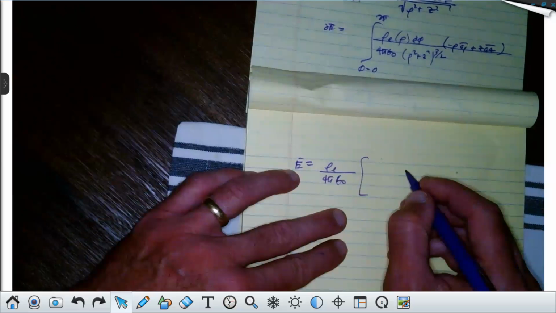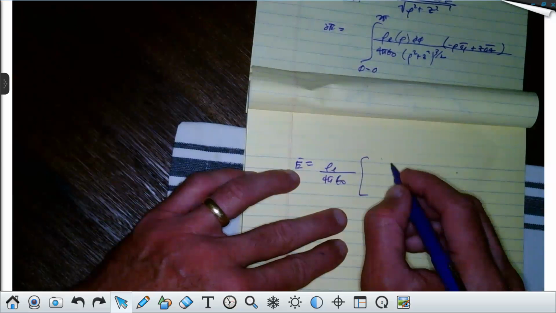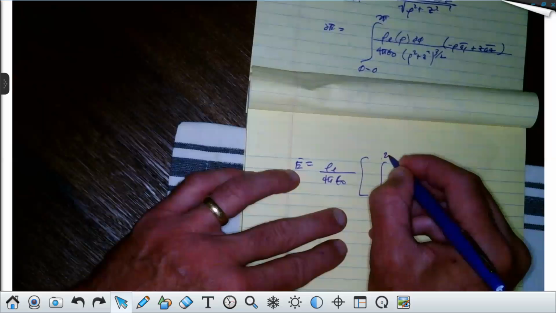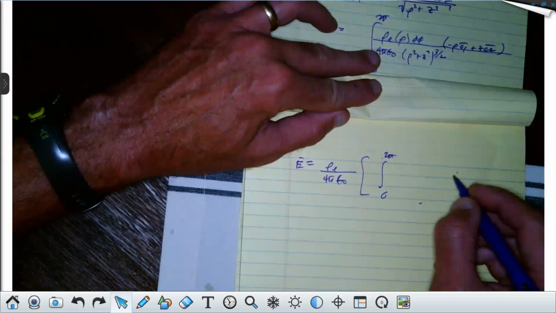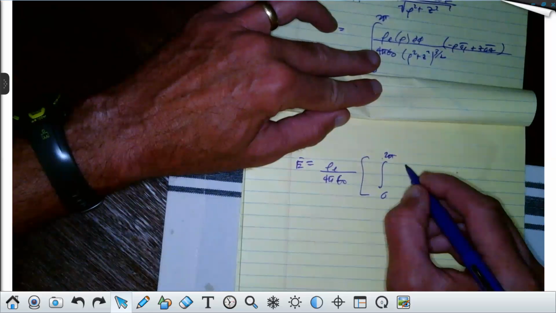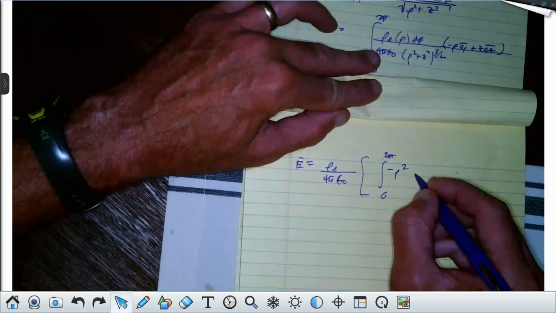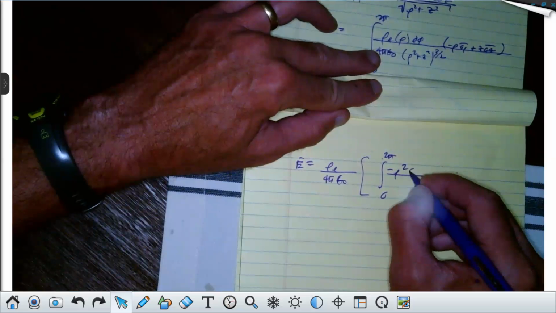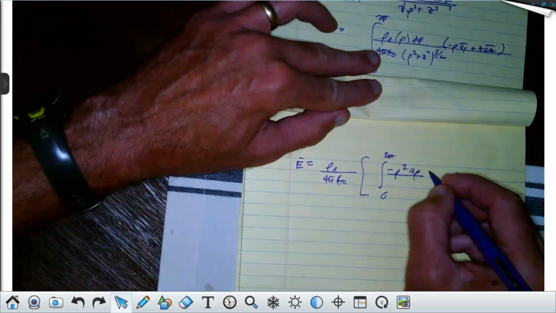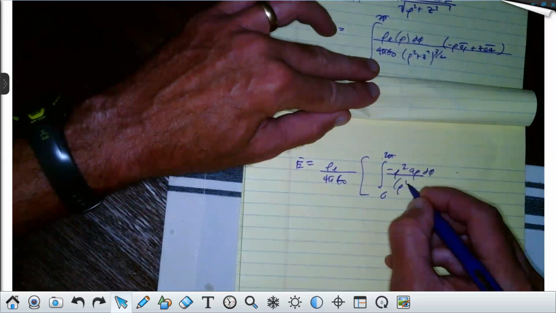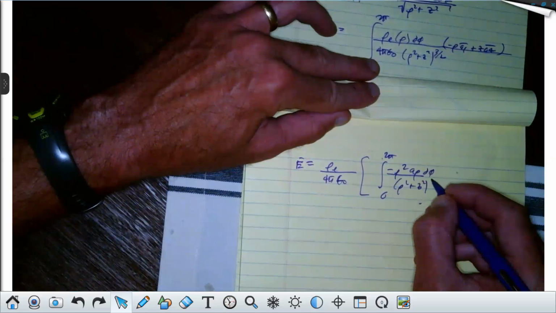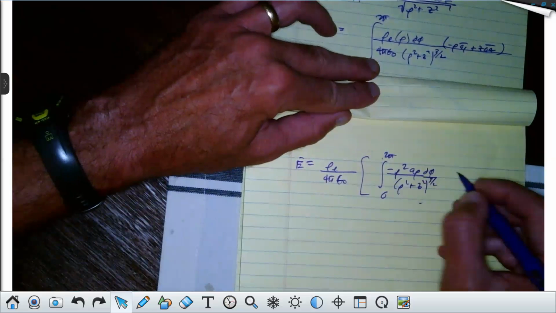And then I have 2 quantities. I have an integral from 0 to 2 pi of, and this is going to be this term times this. So I have minus rho squared over a_rho and d phi over rho squared plus Z squared to the 3/2 power, and that's an a_rho.